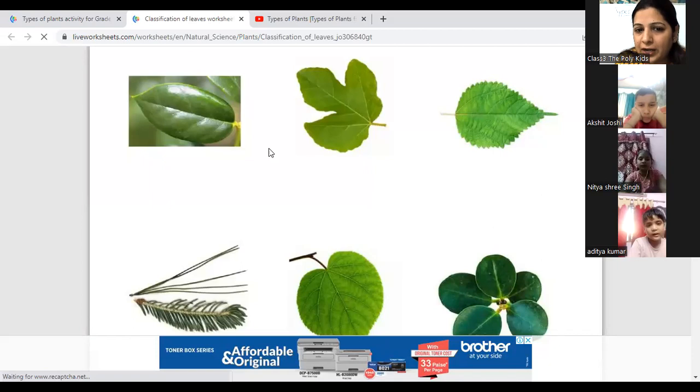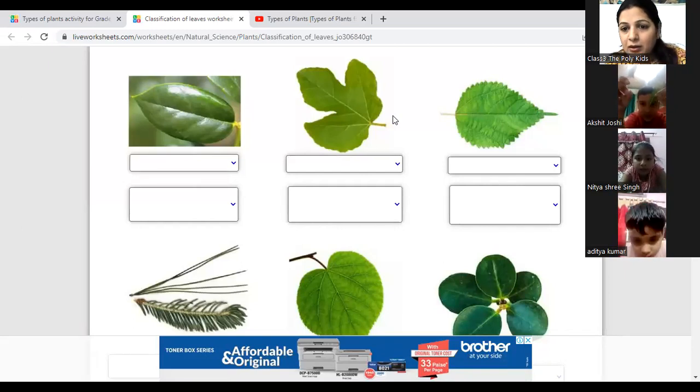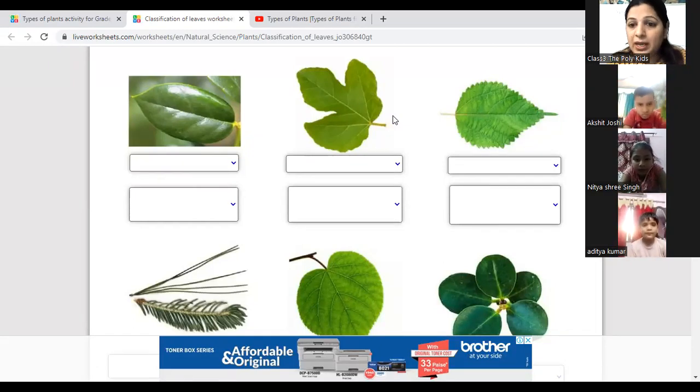Now you can see different shapes of leaf.